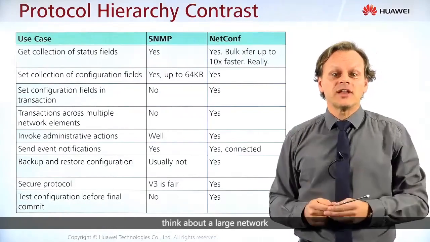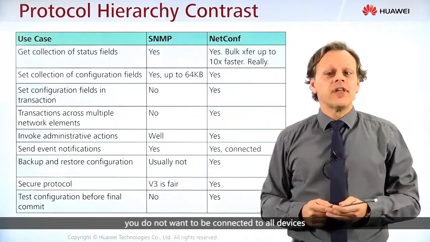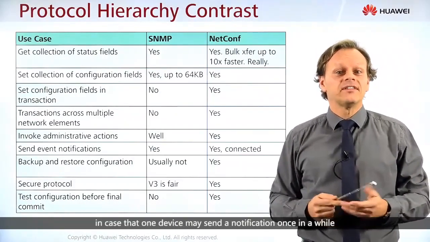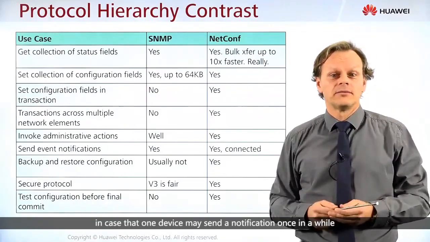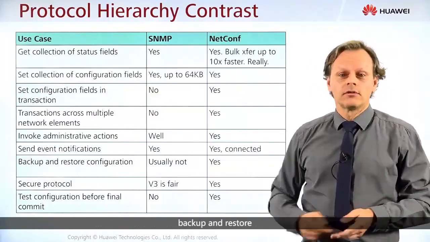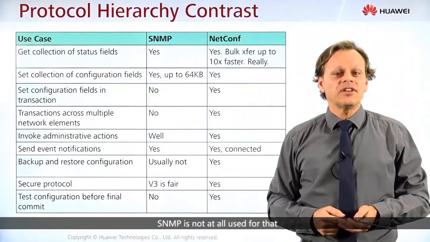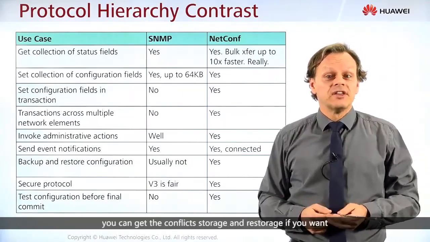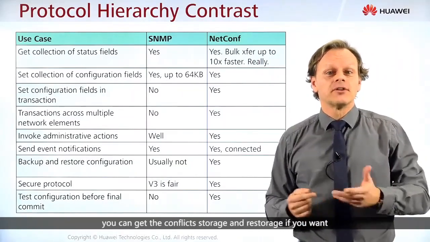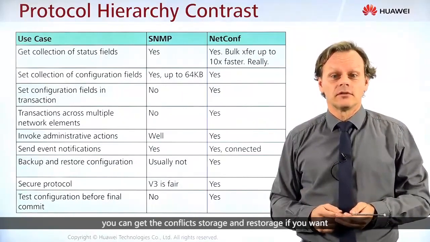Think about a large network. You do not want to be connected to all devices just in case that one device may send a notification once in a while. Backup and restore. SNMP is not at all used for that. Here Netconf fits perfectly. You can get the config, store it and restore it if you want.